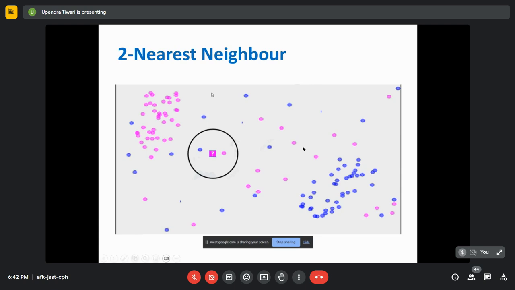Whenever there is a tie, there is always a chance of misclassification. Suppose this new input should actually belong to the pink class, but there's a tie because we got two nearest data points, one blue and one pink. Whenever there is a tie, there is always a probability that your model may make a wrong prediction or classification, just like here.